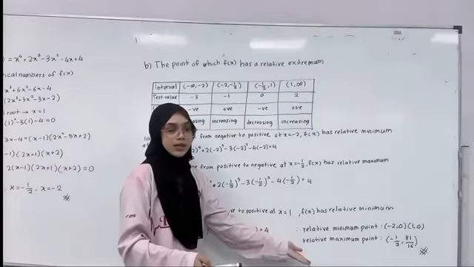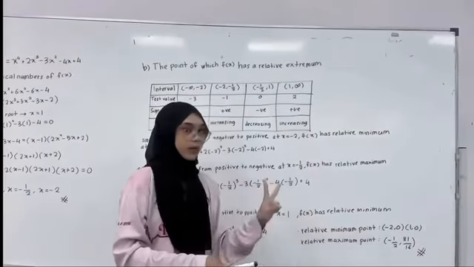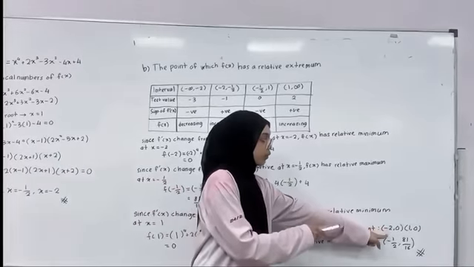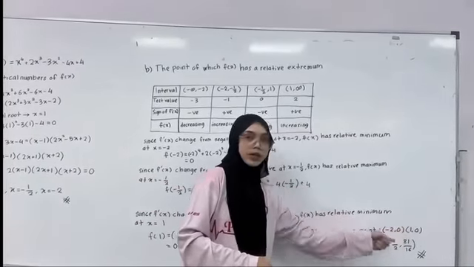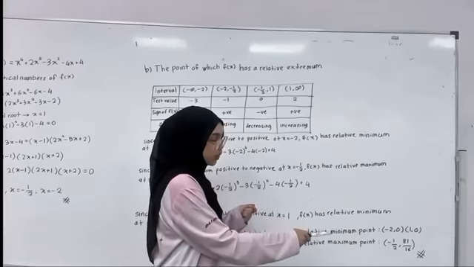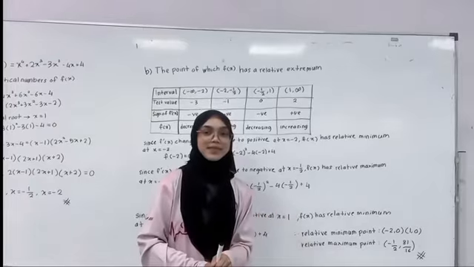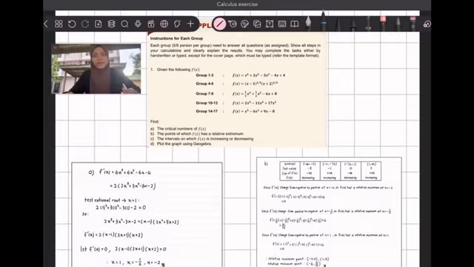So the final answer: the relative minimum points are (negative 2, 0) and (1, 0). And for the relative maximum point, we have (negative 1 over 2, 81 over 16). That's all. Thank you.